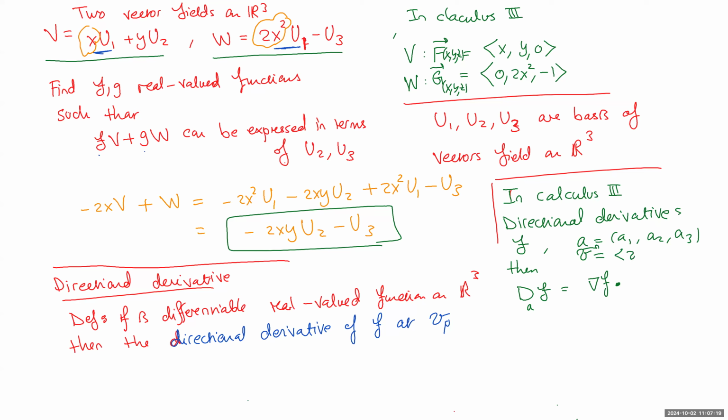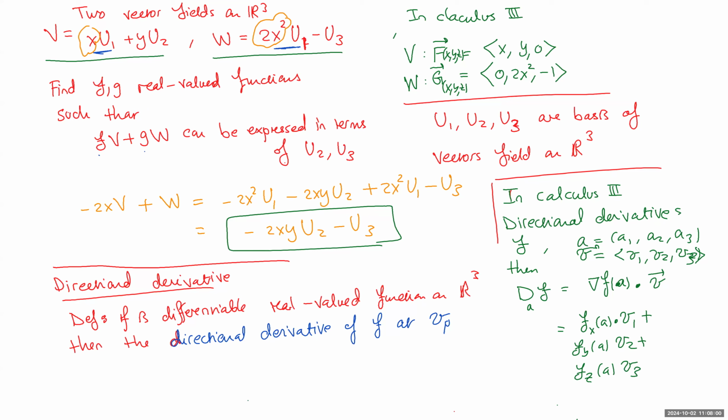We use also a vector in order to find the directional derivative. So we evaluate the gradient at a, dotted with the vector v. That was the differential, and that would give us f partial x at a times v1 plus f partial y at a times v2 plus f partial z at a times v3.